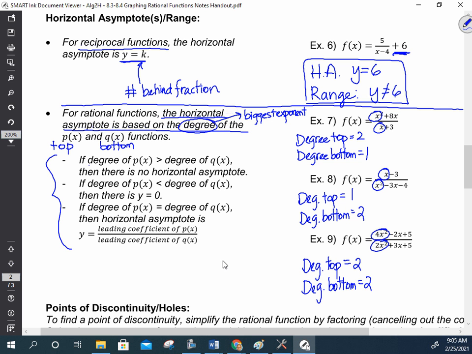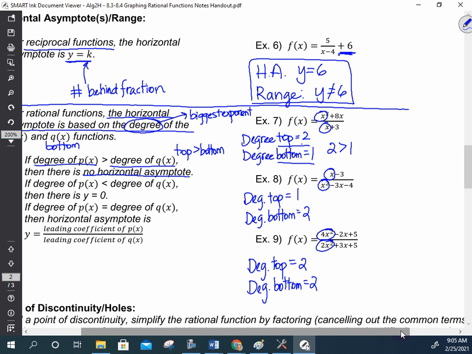If the degree of the top is greater than the degree at the bottom, then you have no horizontal asymptote. So the top was 2, the bottom was 1. 2 is greater than 1.